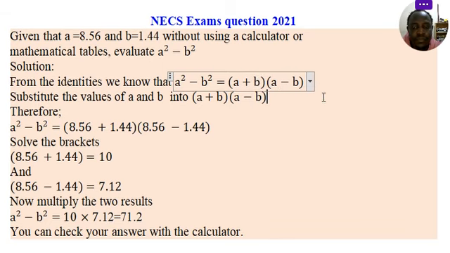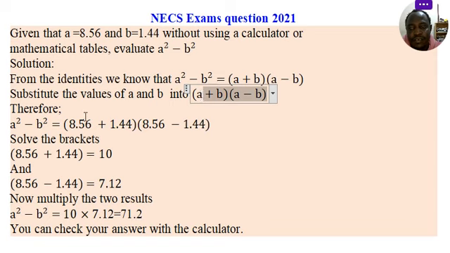So if you understand this concept, you can now use this formula, and then you just substitute the value of a and the value of b into it. So you can see in the sum we will add 8.56 plus 1.44, and then in the difference we will subtract them, 8.56 minus 1.44.